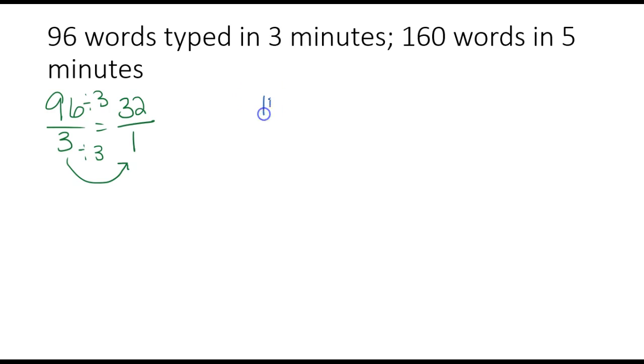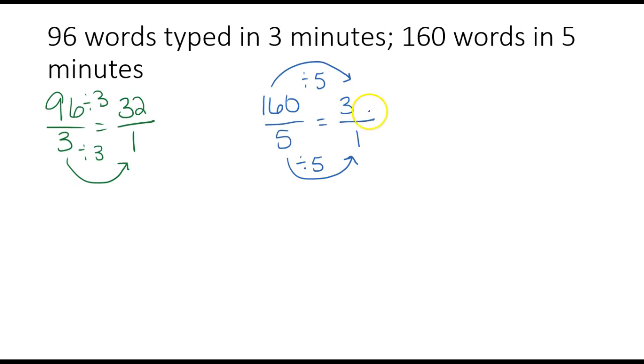Let's try this one. 160 over 5 equals something over 1. Getting there, we are going to divide by a 5. And here I'm going to divide by a 5. 5 goes into 160, 32 times, right?